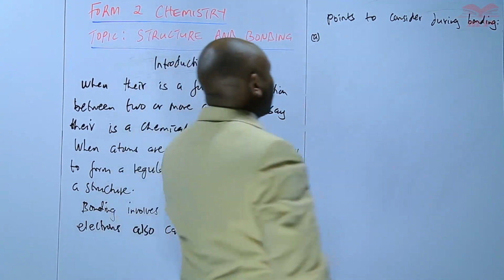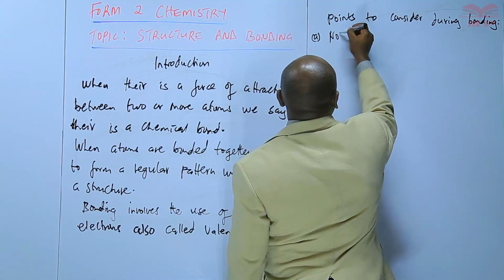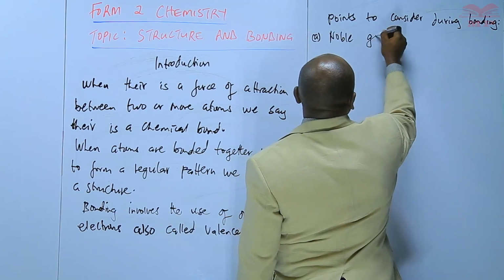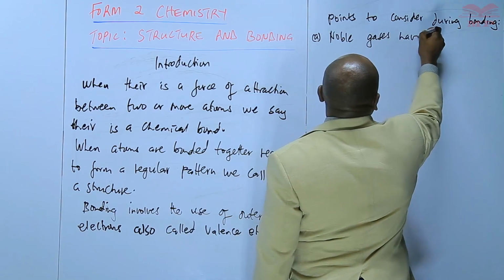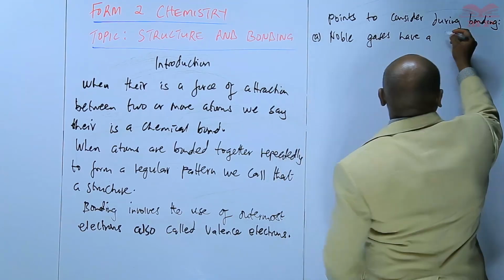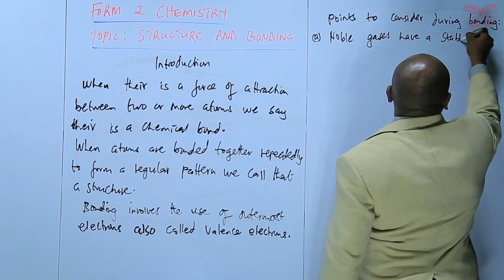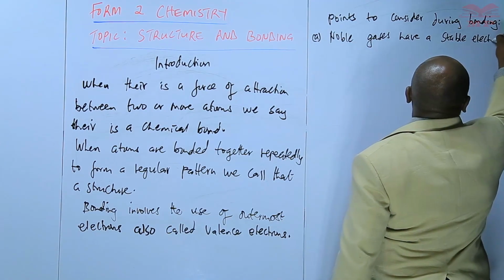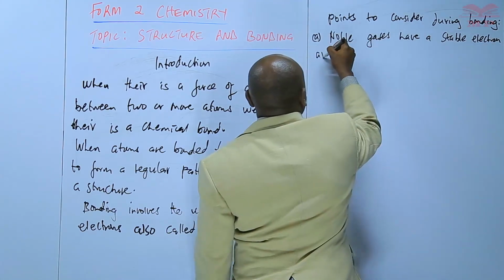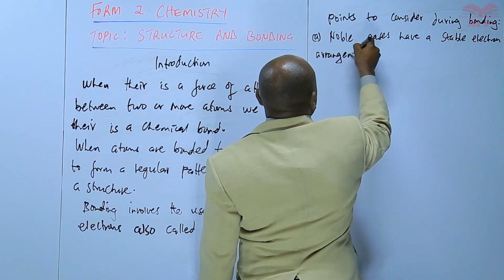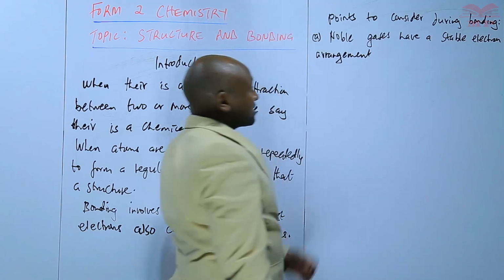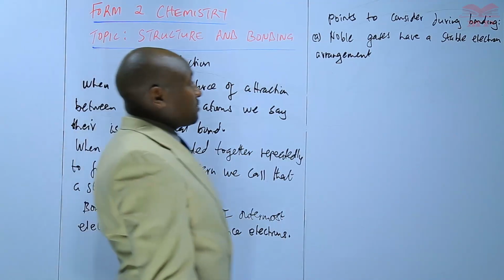One thing is that noble gases have a stable electron arrangement.